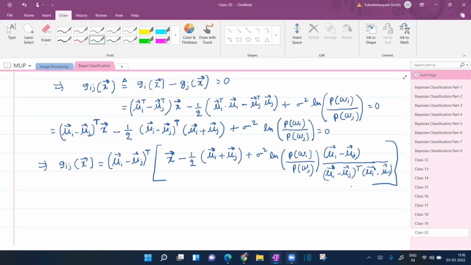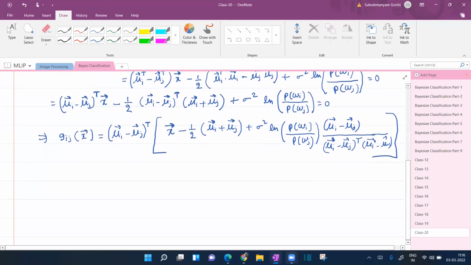Yes, sir. Good. Now, one more step I'll go. The same equation I would slightly modify while writing it. I will take x bar minus 1 by 2 into, I will write.